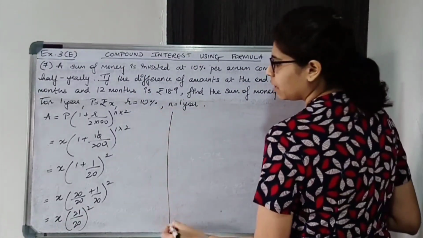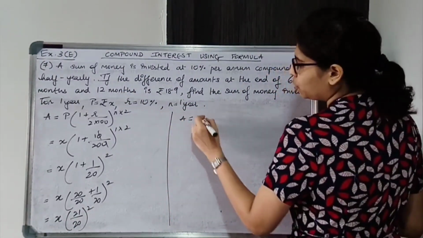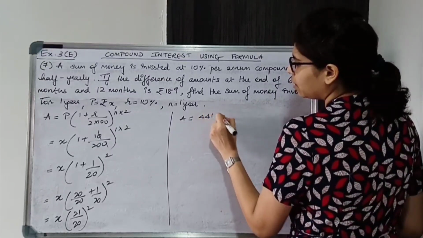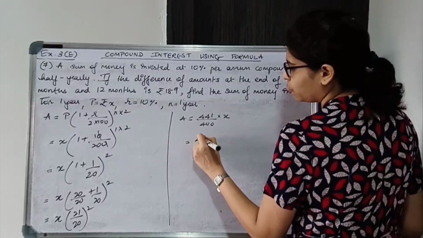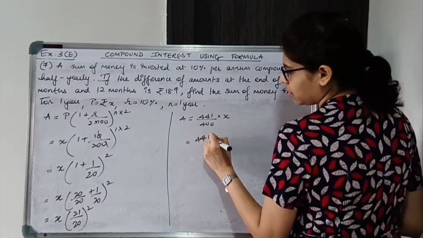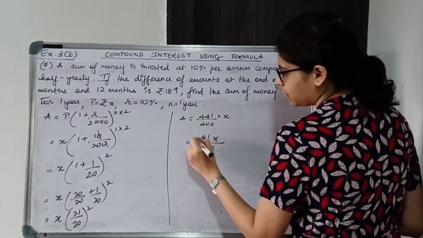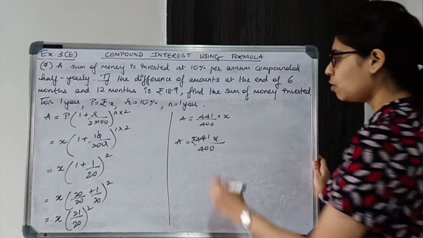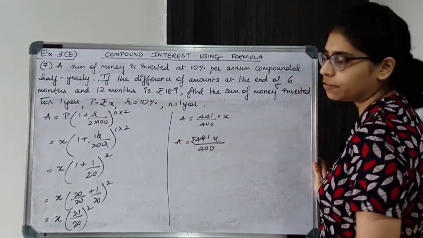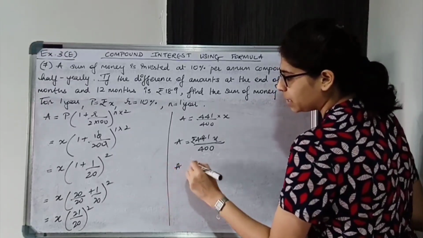So A is equal to 441 upon 400 into x. That is 441x upon 400 rupees. This is the amount for 1 year, that is 12 months.